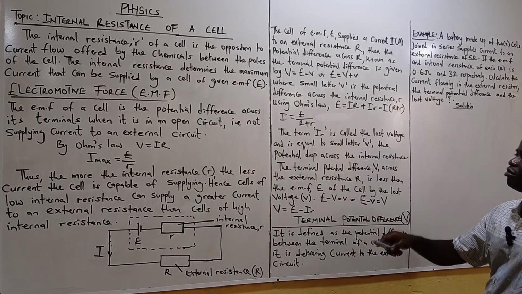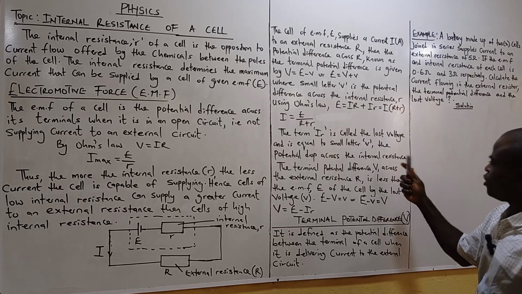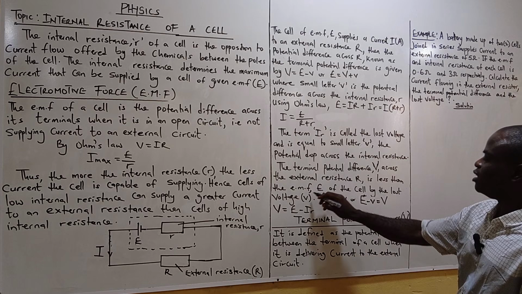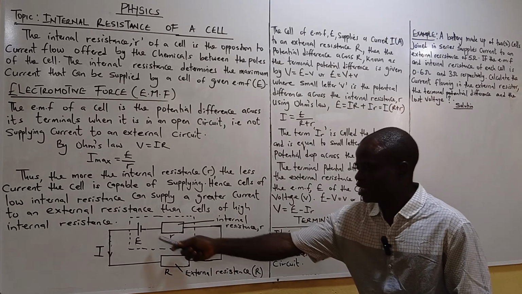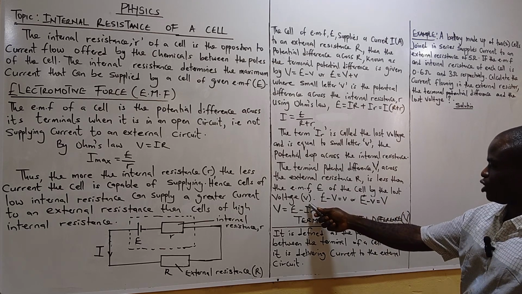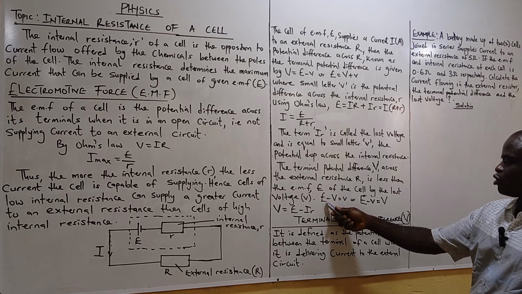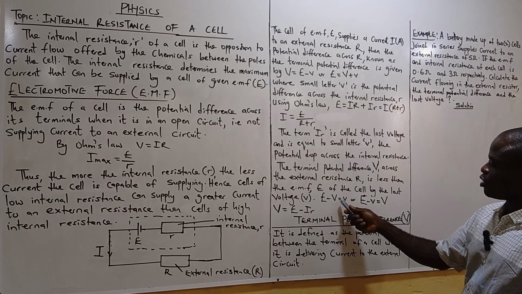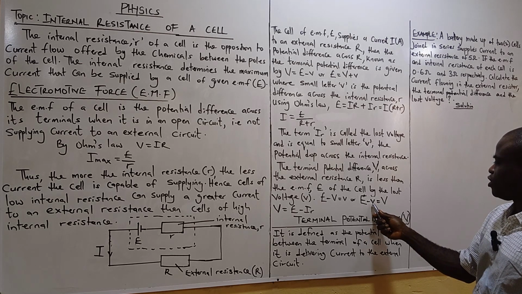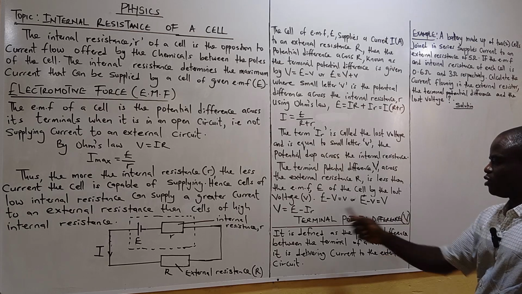which is I small letter r. The terminal potential difference, capital letter V, across the external resistance R is less than the EMF E of the cell by the lost voltage. So electromotive force minus the terminal potential difference equals the lost voltage, or we take it the other way around: E minus small letter v, this one becomes positive.